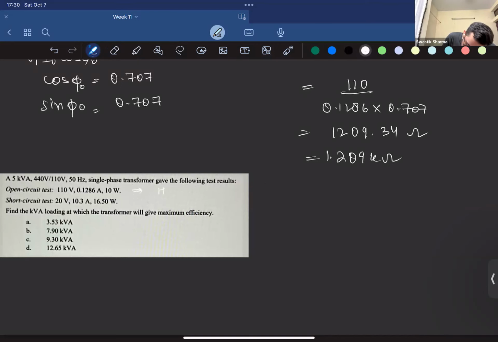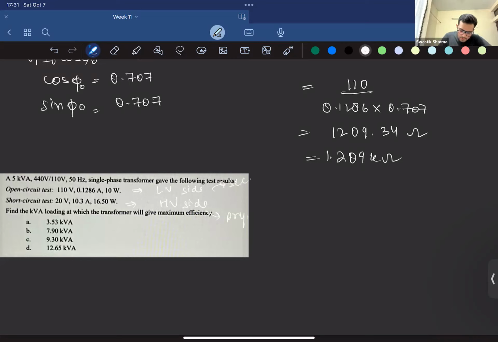So this was conducted on the high voltage side, and this is conducted on the low voltage side, right? No, sorry. Yeah, high voltage side. So that means for the short circuit test the HV side is our primary side, and let the LV side be our secondary side. Okay.